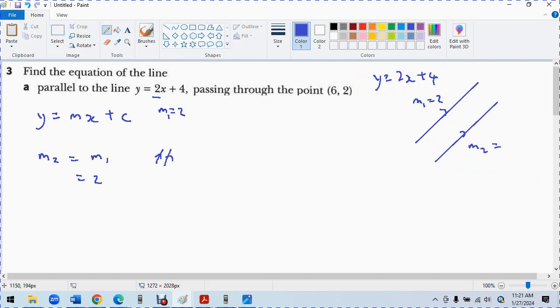For the second line, the gradient is 2, and it passes through the point (6, 2).